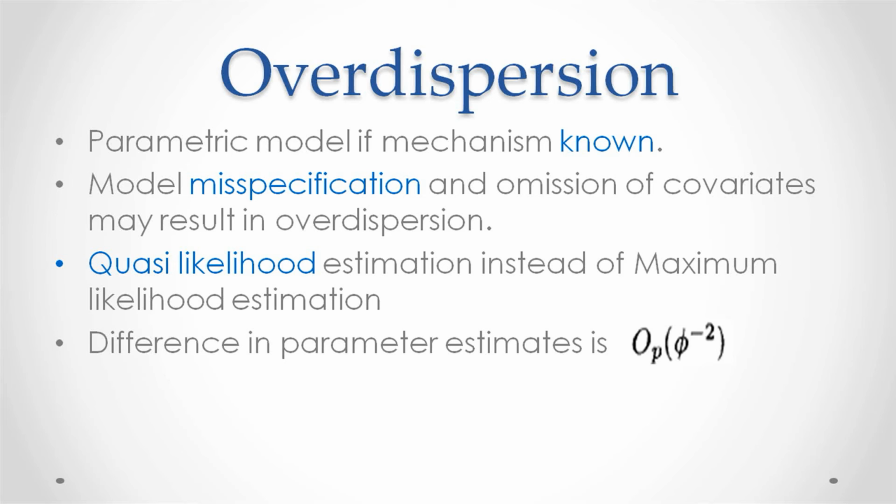And thus, for practical purposes, very often the difference in the regression coefficients may not be significant. However, it is good to assume that the mean and variance are not necessarily identical, and when we look at quasi-likelihood estimation, we will see that it is possible to get a data-based estimate of the scale parameter without making any restrictive assumptions.